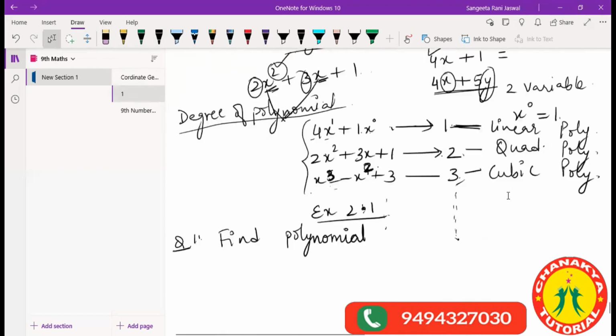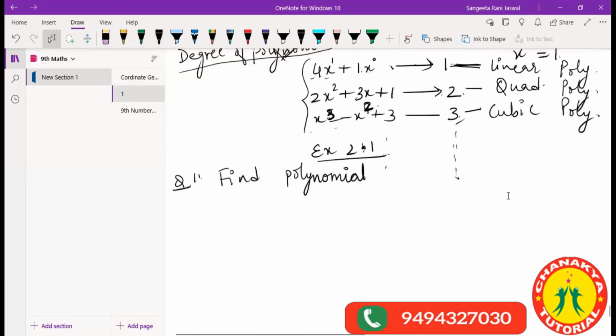Okay, coming to polynomials now. Find polynomials in one variable.